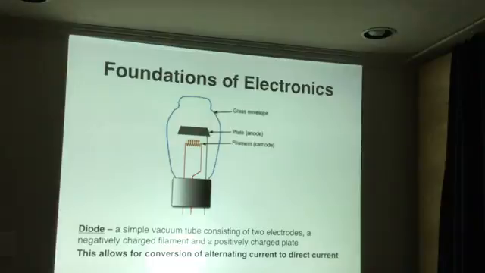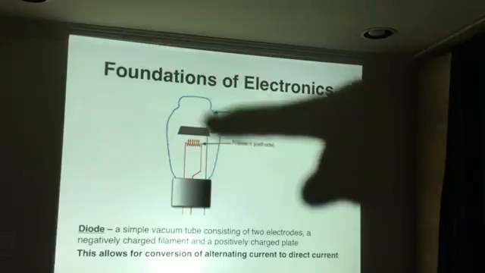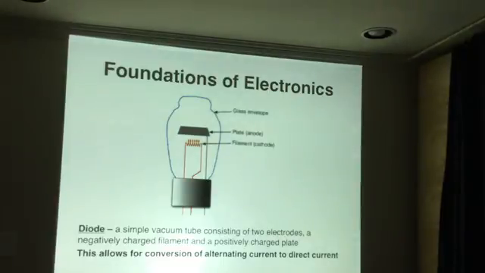And so what it allows you to do is to convert an alternating current source to a direct current, so that you can only have current flowing in one direction. So the vacuum tube or the diode was a way of changing alternating current into direct current.